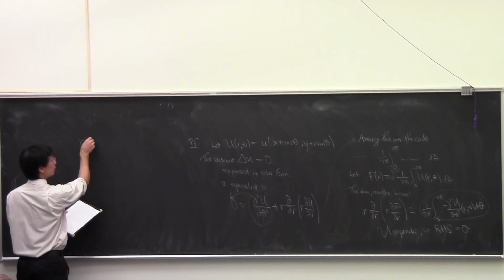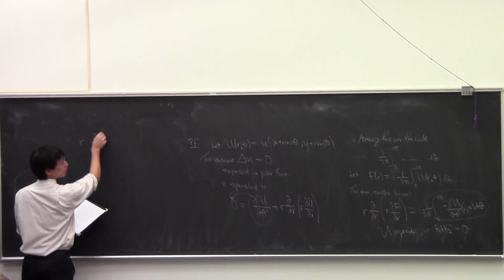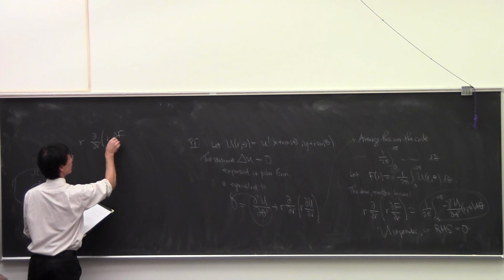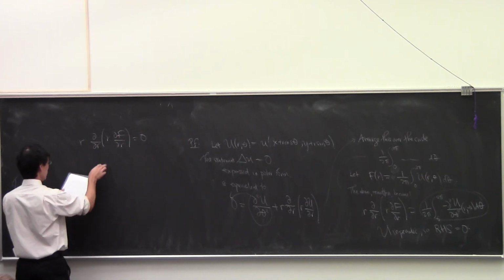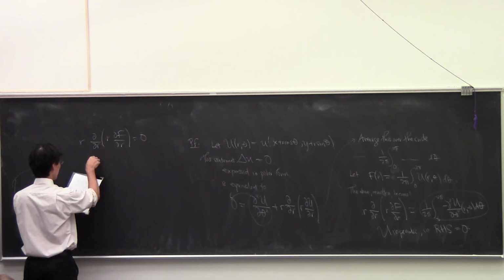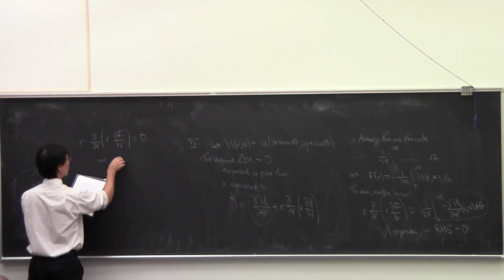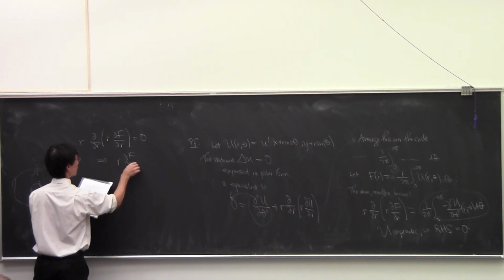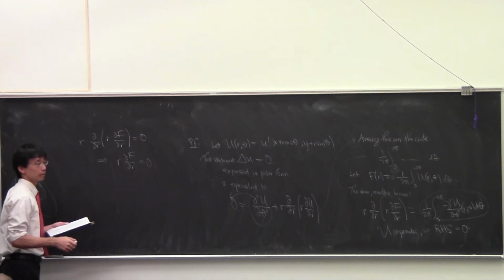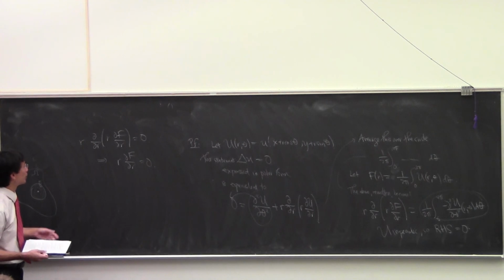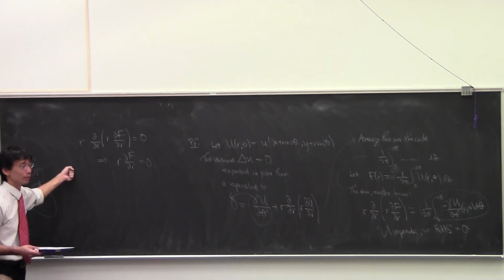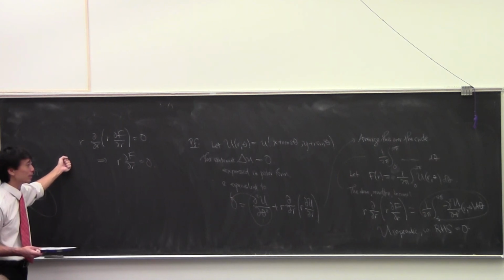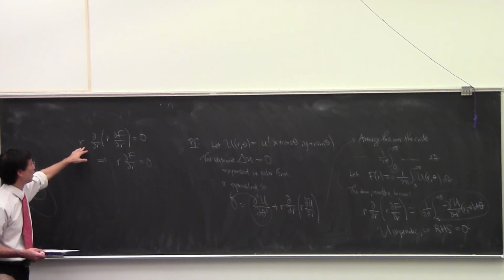It says that the partial of r df dr is 0. That tells you that r df dr is constant. We can assume that r is not 0. At the center, we're done. We know what happens at the center. So just assume that r is not 0.